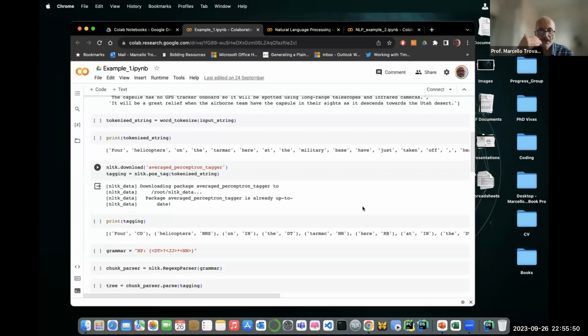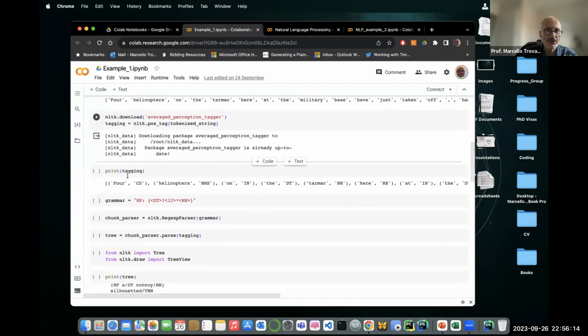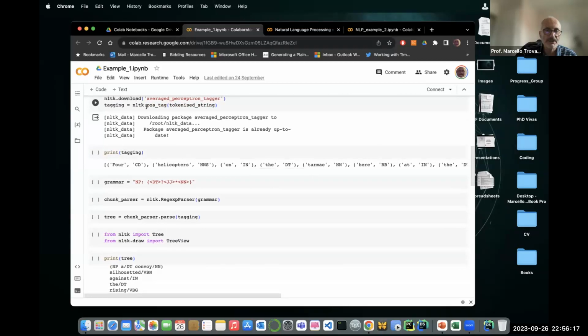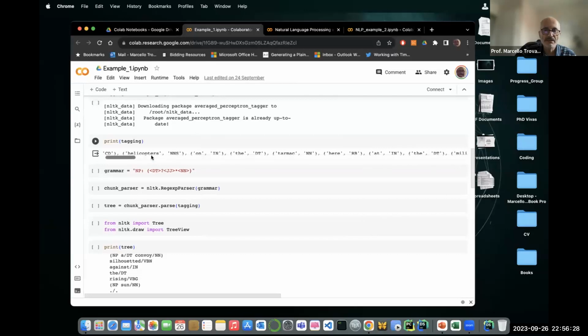The next step is to include the syntax, to understand the syntax of these tokens. So we need to download a specific model, and based on the name of this model, Perceptron, I can tell you that there are some neural networks involved. And if we invoke the POS tagging, defined as POS tag with the tokenized string, so once the string has been tokenized, then it will produce the POS tagging.